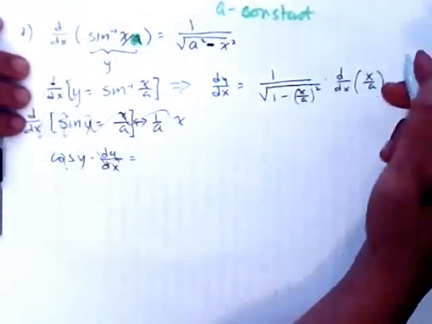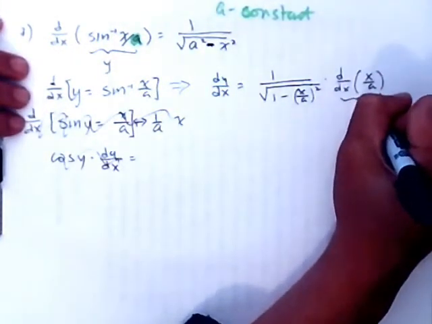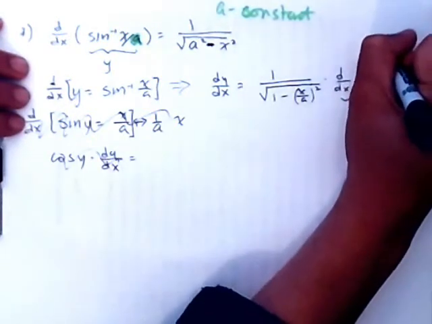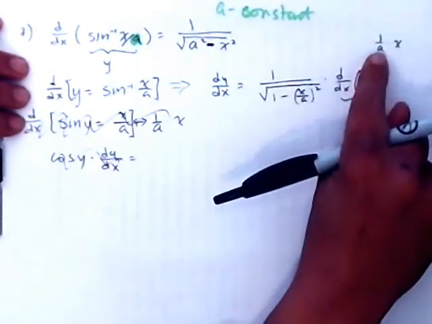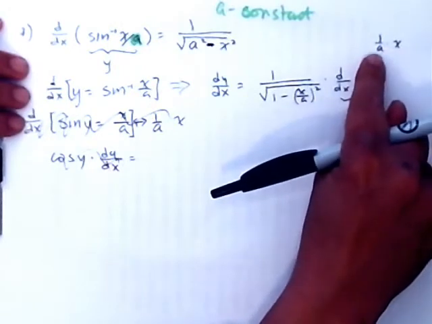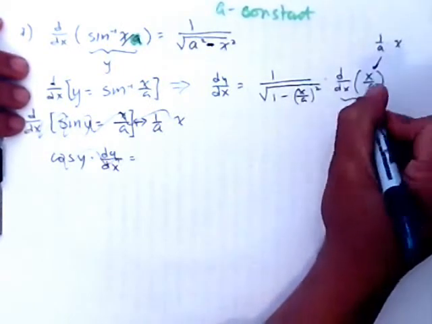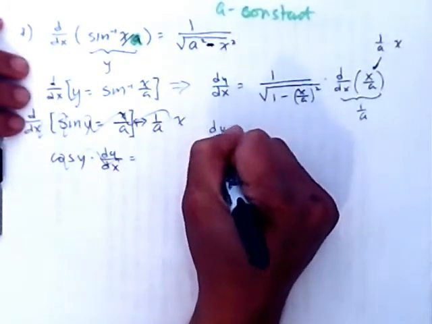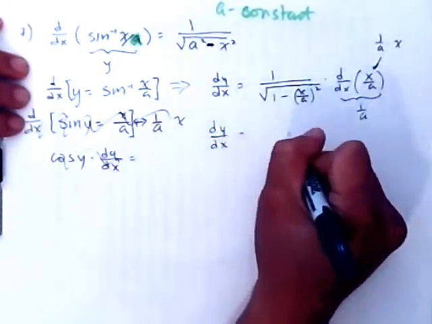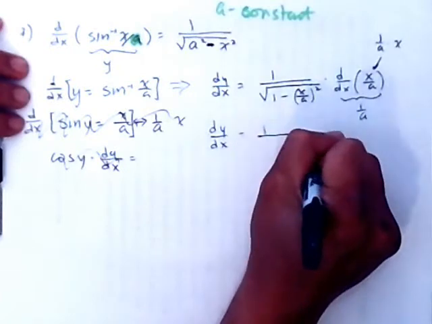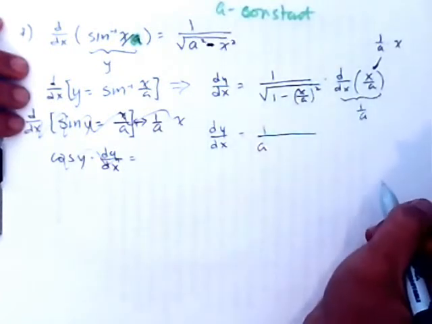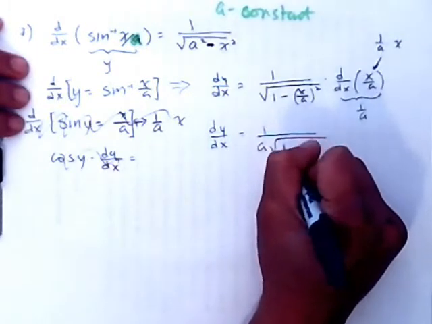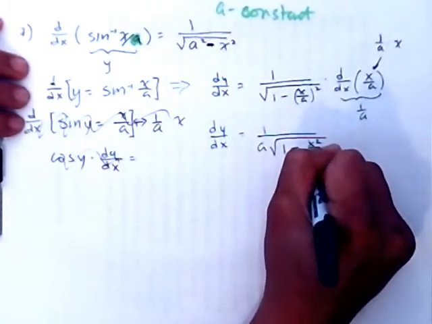We have to take the derivative of that. If you're not familiar with this, just write this as 1 over a times x. This is a constant times a function. The derivative of the constant times a function becomes 1 over a. So dy over dx becomes 1 over a times 1 over the square root of 1 minus x squared over a squared.